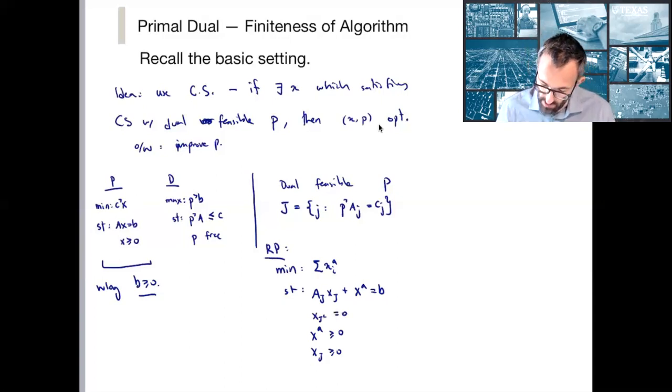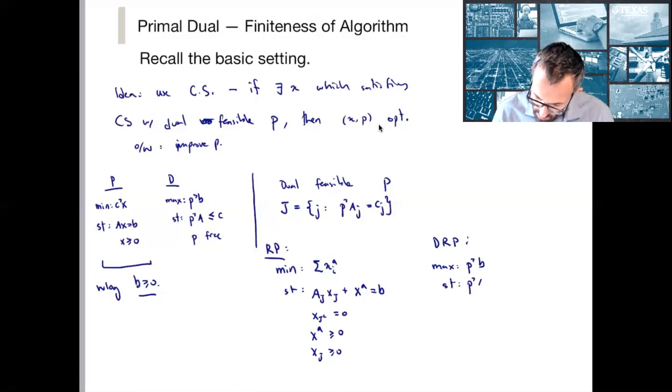This is called the restricted primal, and the dual to the restricted primal then reads maximize P transpose B subject to P transpose A_J less than or equal to 0 for every admissible J, J in J. And note again, this is 0. C is gone.